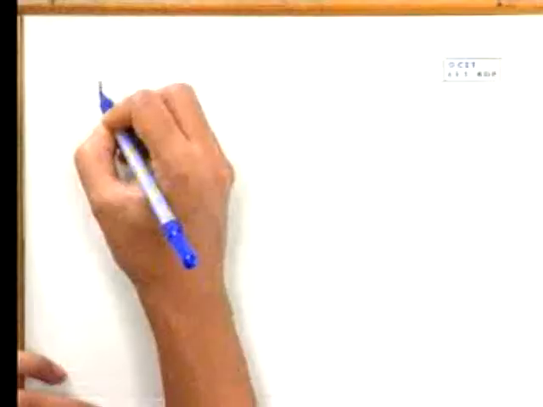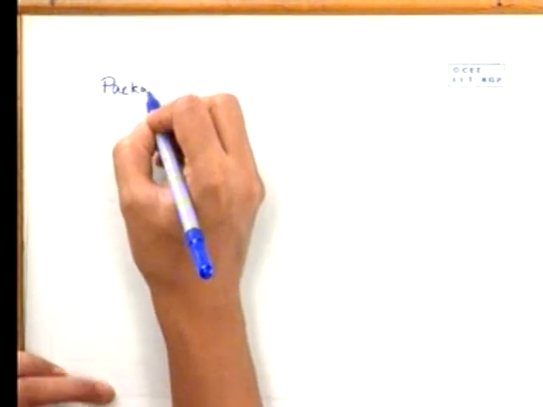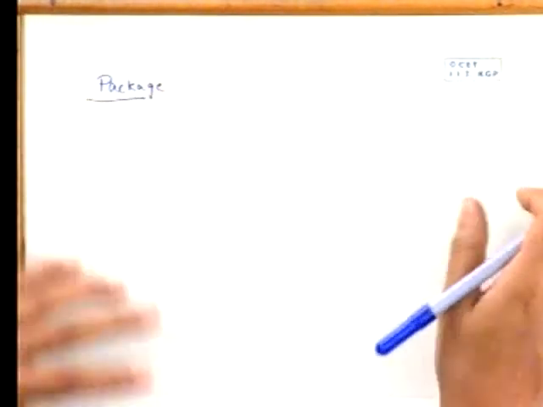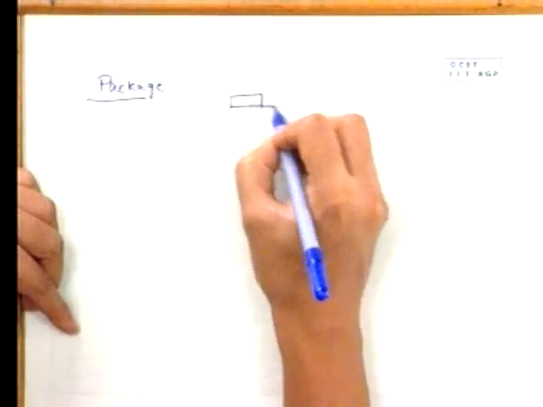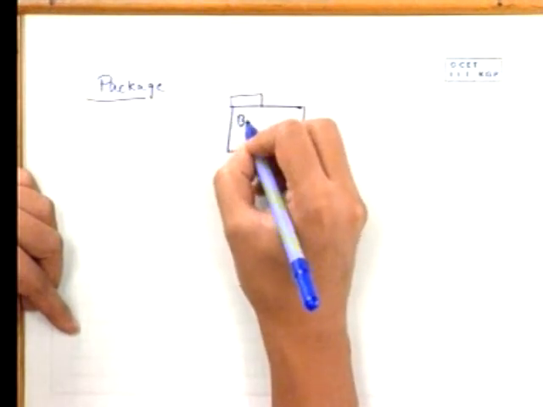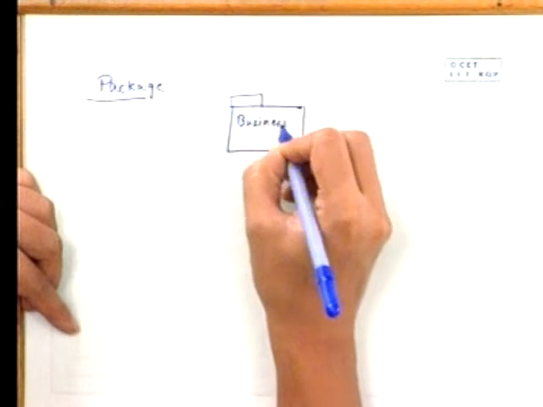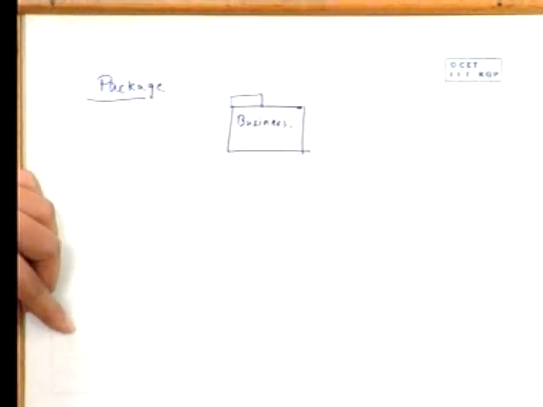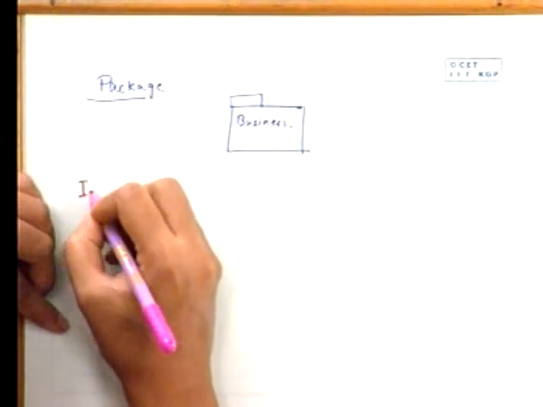There are some other important things in UML which are sometimes used. Number one is the package. Packages are used to organize groups of elements in UML, and a package is denoted like this. The other important thing in UML is instances.